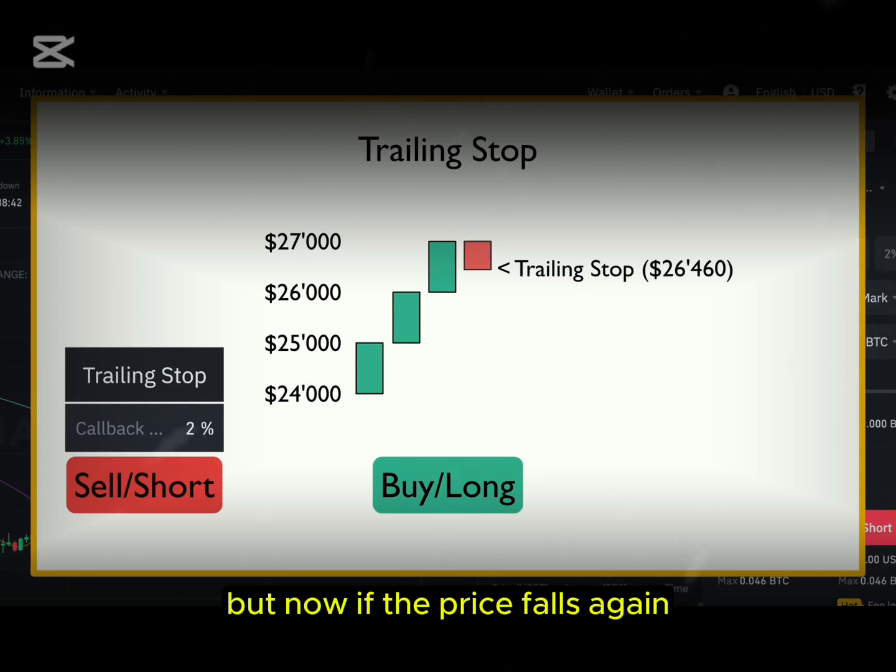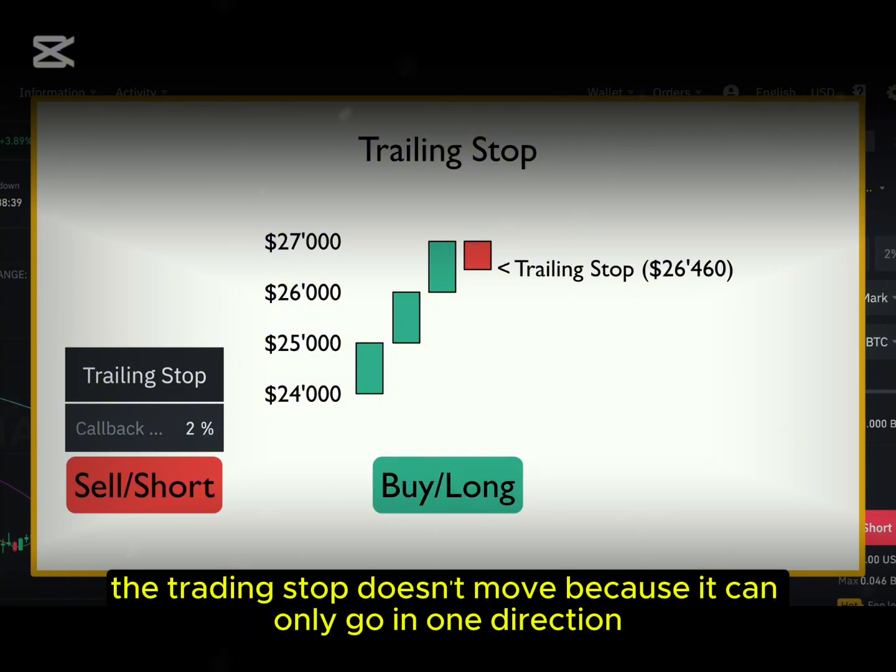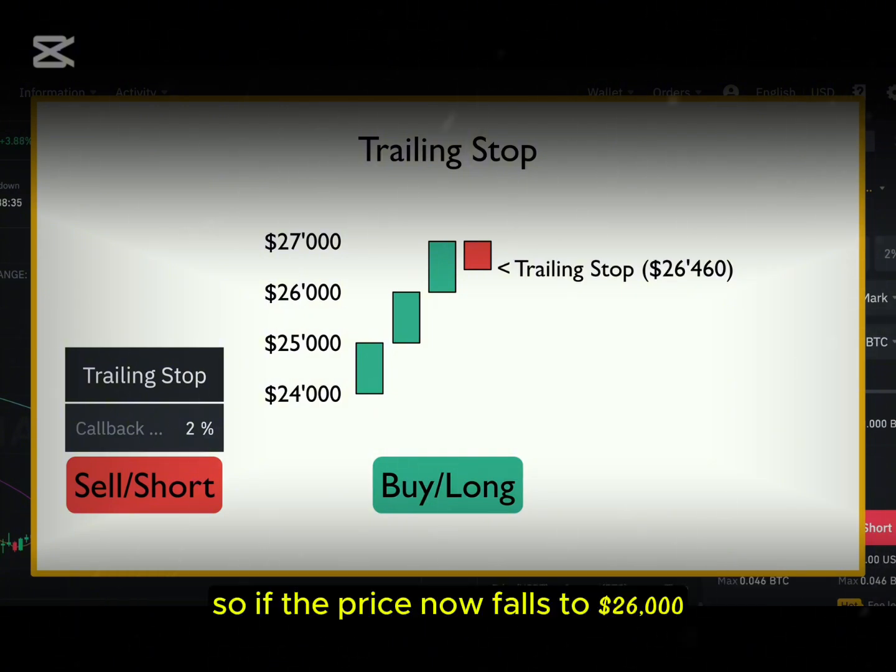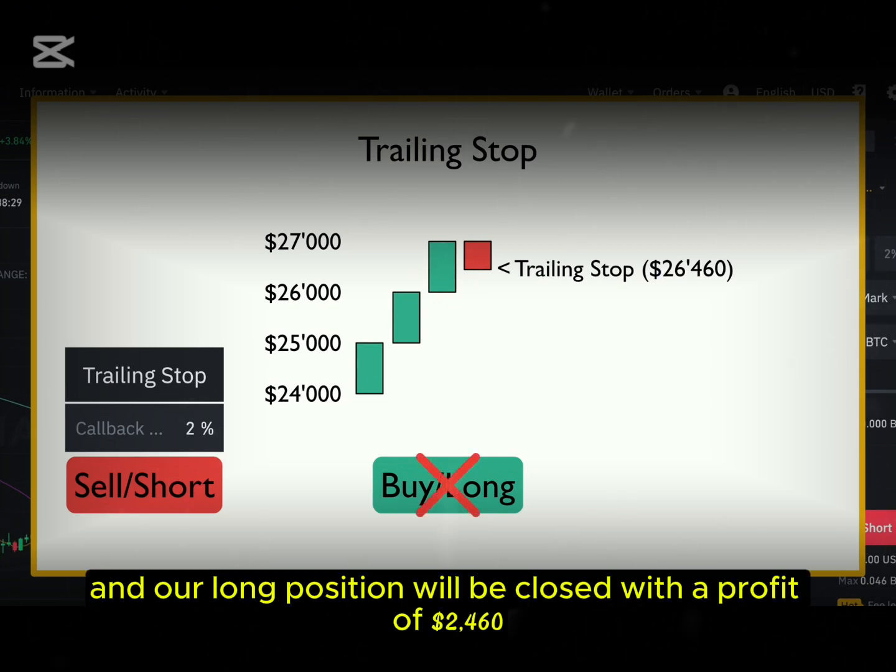But now, if the price falls again, the trailing stop doesn't move because it can only go in one direction. So, if the price now falls to $26,460, the short order will be triggered, and our long position will be closed with a profit of $2,460.